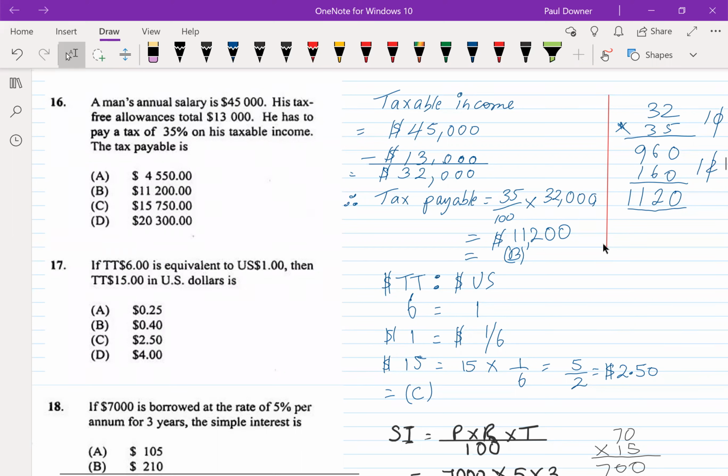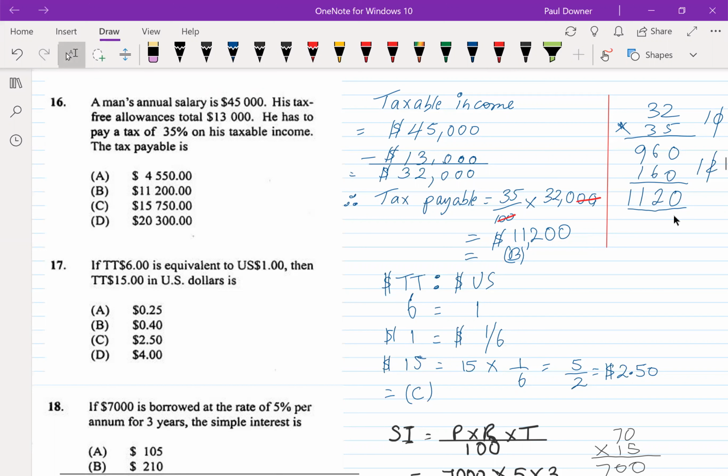Then you have to be able to say, divided by 100 means we're going to cross these two zeros in the 100, and we're going to cross these two zeros in the 32,000. And then you have to multiply 35 by 320. So you have to be able to do that manually. I did it by multiplying the 35 by 32 firstly, which is what you're seeing here, and you need to be able to go through this process.